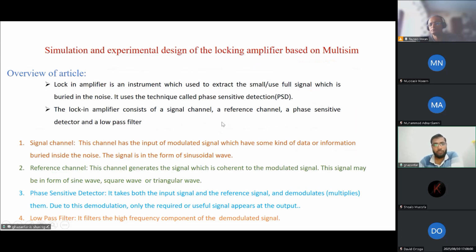Okay. Firstly, I will introduce the article which we are working on. The main article which we are following has the title: the simulation and experimental design of lock-in amplifier based on Multisim. First, I will discuss the overview of the article.